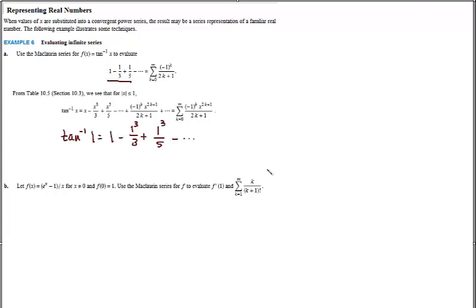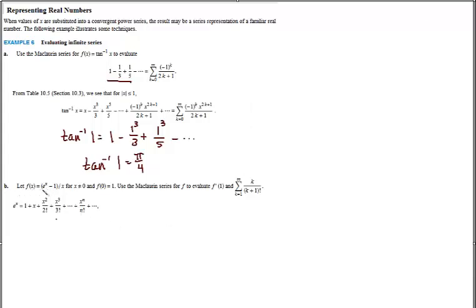So let's do that. It looks just like the series we're investigating, and because the tangent inverse of 1 is equal to pi over 4, the value of this series is also equal to pi over 4.